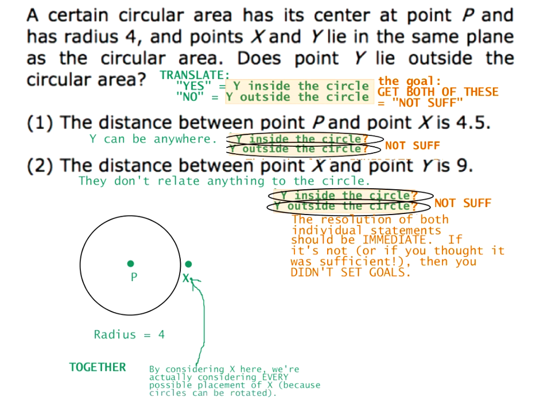Okay, so now the goal is, can you get Y inside the circle and can you get Y outside the circle? Well, getting outside the circle is not much of a challenge. Actually, I did switch these at the very beginning here. These are actually supposed to be no and yes, respectively.